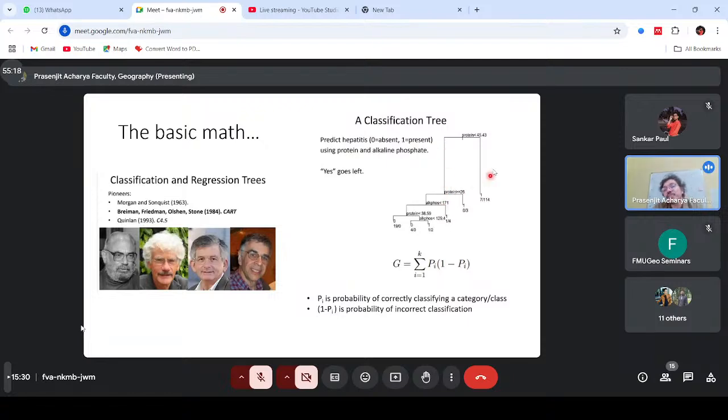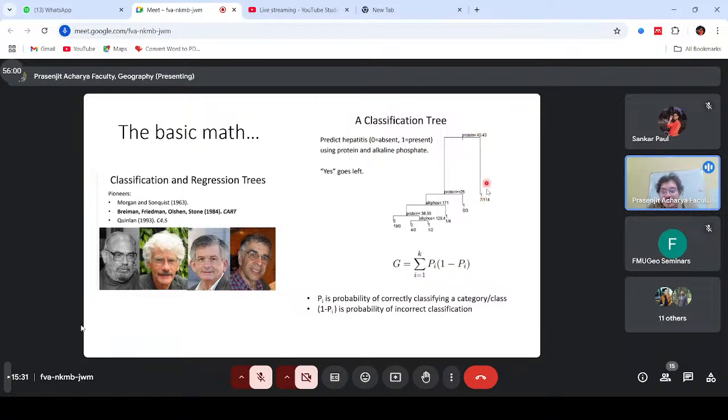So the question is, first, why protein, and second, why 45.43. Why not any other values? It goes to the idea that I can start with all values. Start with the first observed value of protein and the last observed value of protein. And after trying all of these values, the value for which I get minimum impurities in the right-hand side classes.